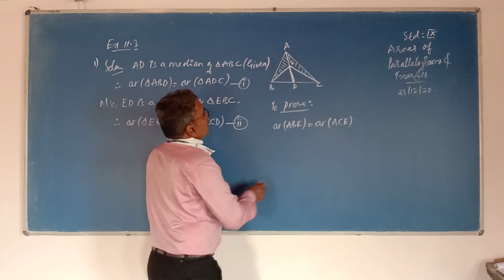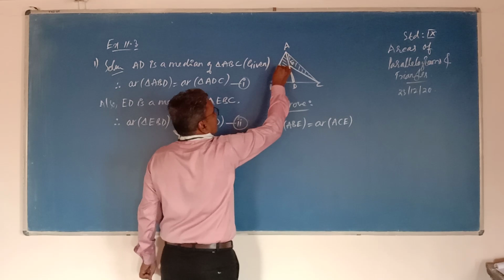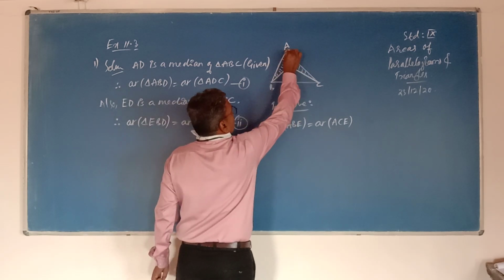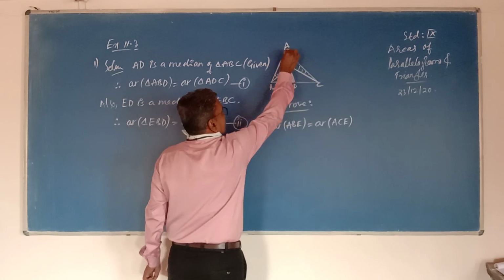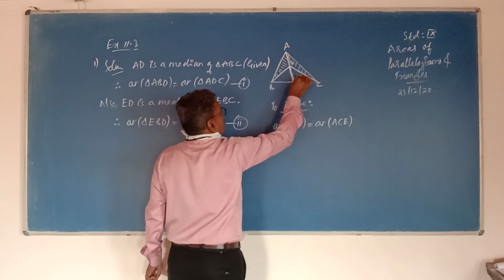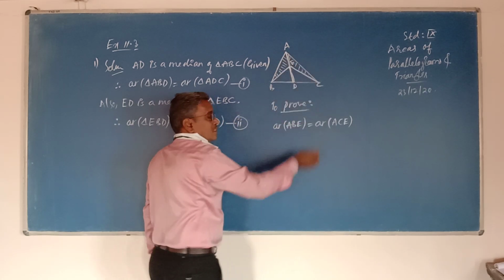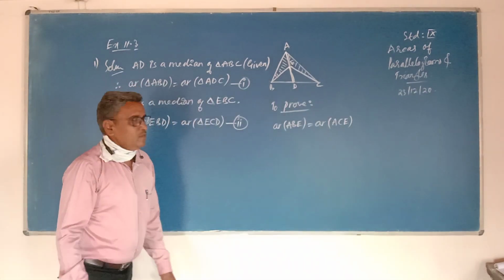From ABD you have to subtract this, the remaining is ABE. Again ACD is there, you have to subtract this, and the remaining is our proof.